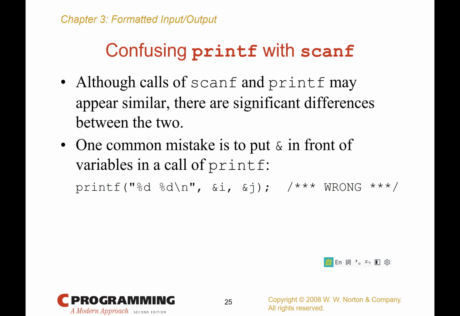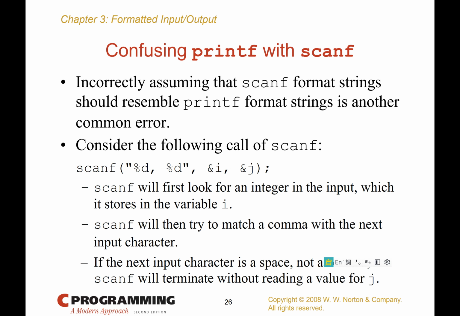Now for this printf, you are not supposed to put an ampersand before the variable. This is wrong. I emphasized this point in the previous class. It's kind of confusing, printf and scanf. For now, just remember scanf, you mean ampersand.